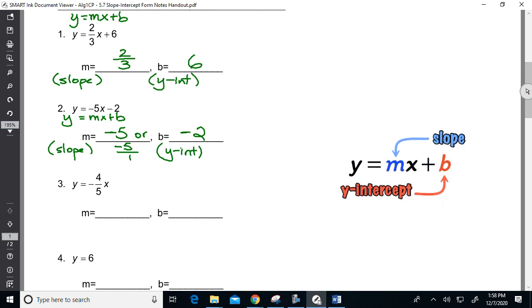Let's look at example 3: y equals negative 4 over 5x. Again, I'll put my formula underneath. What's the slope?